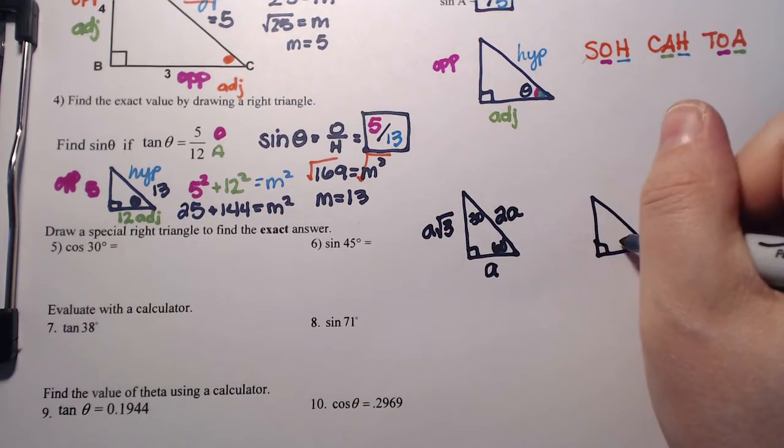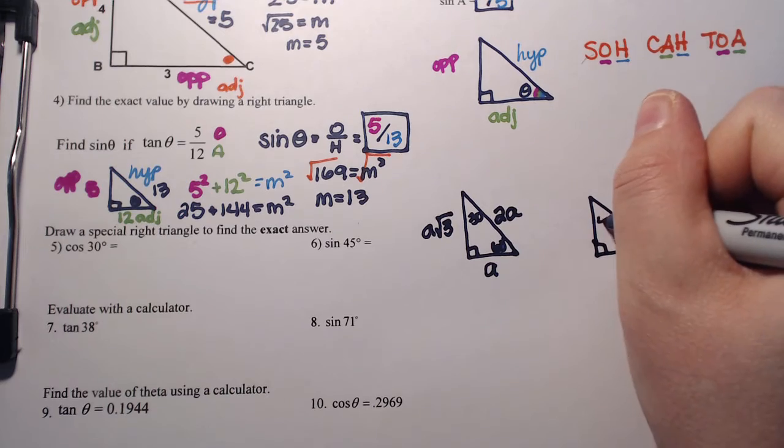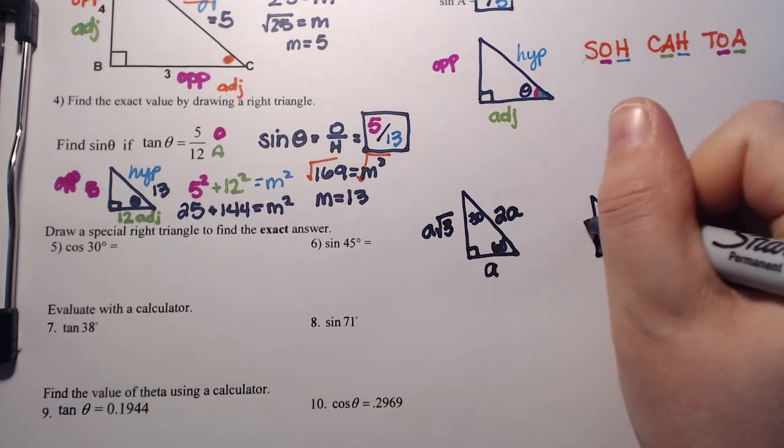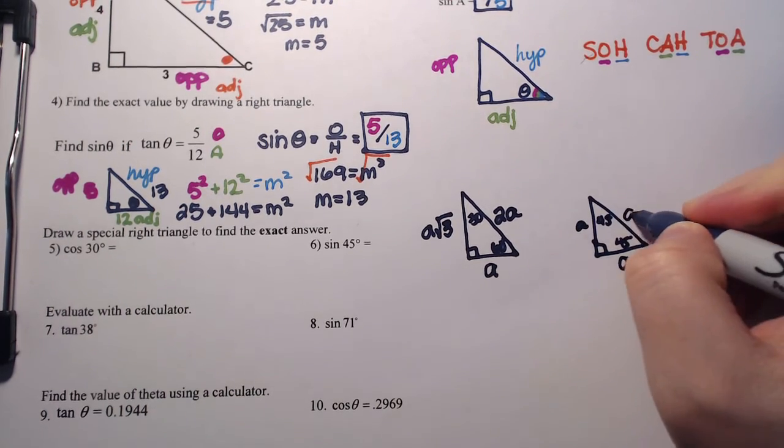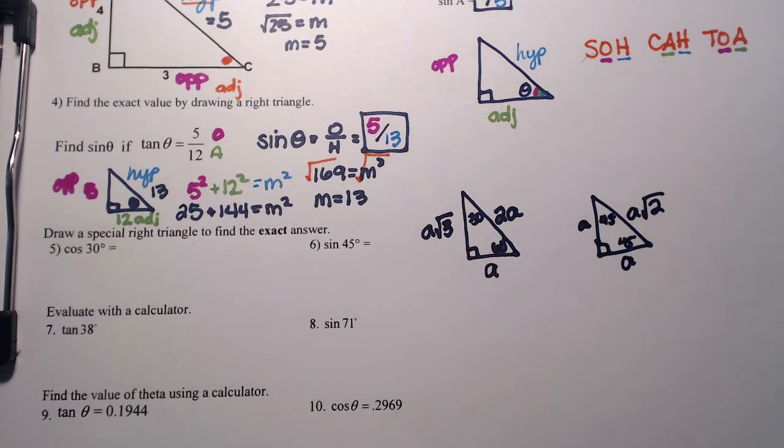And with 45, 45, those two are the same, and this is just times the square root of 2. So we're going to apply our trigonometry to our special right triangles.